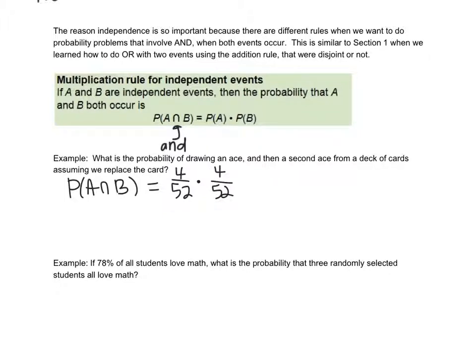We haven't changed because we replaced it. When I multiply fractions, we multiply straight across, so 4 times 4 gives us 16, and 52 times 52 is 2,704. We can simplify the fraction 16 over 2,704 and it becomes 1 over 169. So the probability that you draw an ace and then a second ace, assuming you replace the card, is 1 out of 169. So it's a very low probability.